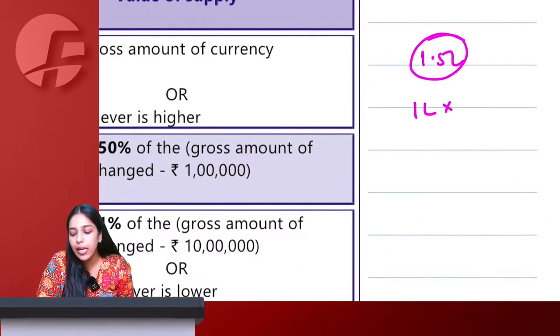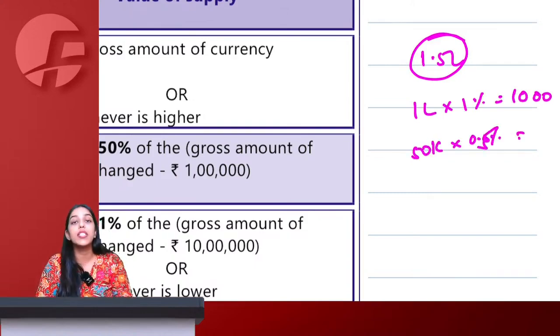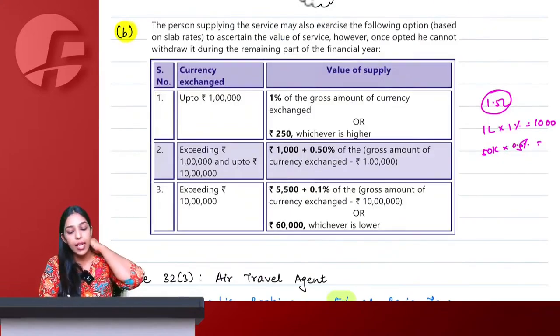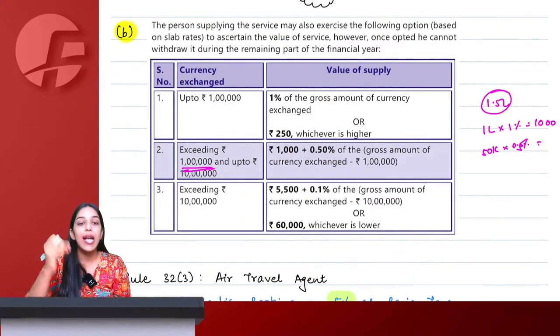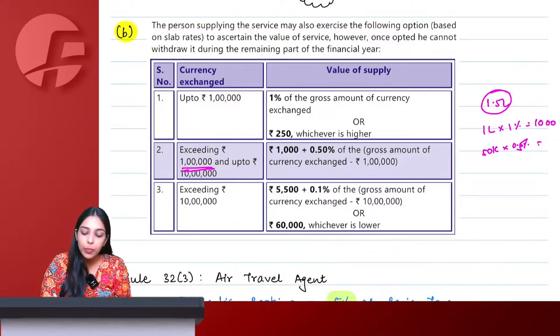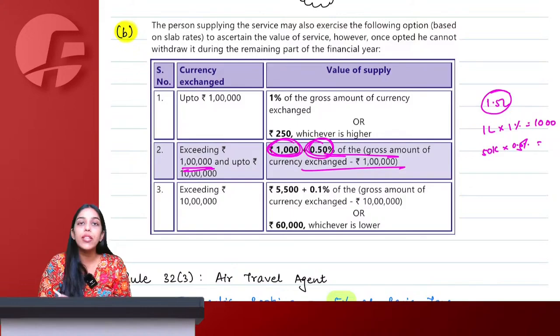Then on the first 1 lakh, you take 1%, which is 1,000. Then the remaining 50,000, we take 0.5%. Whatever is exceeding 1 lakh, up to 10 lakh rupees, you take 0.5%. So on the first 1 lakh, 1,000 is fixed, and for the remaining 50,000, I will do 0.5%.